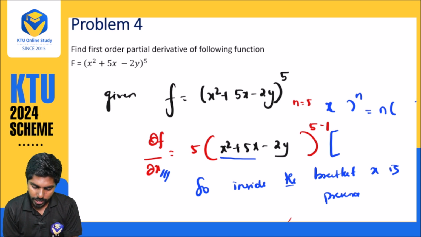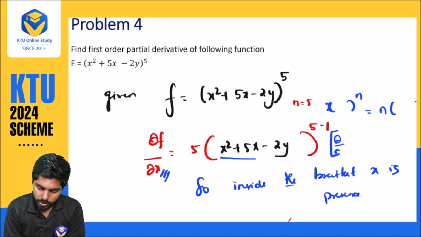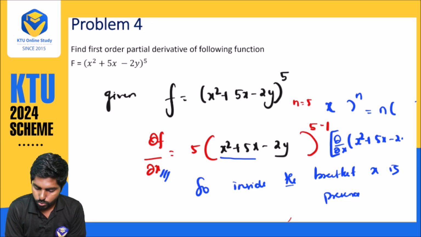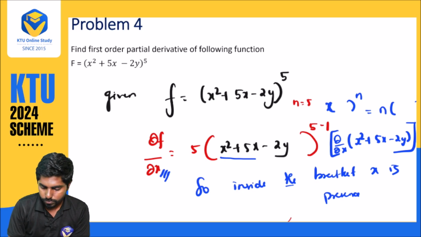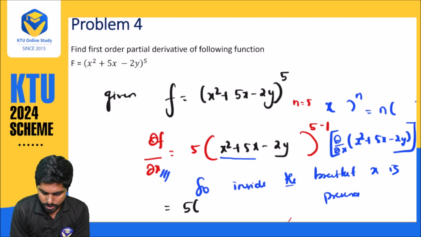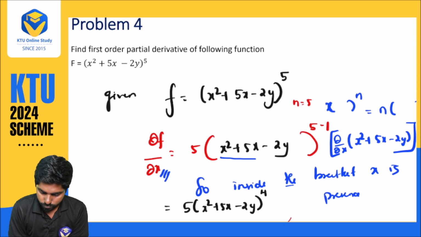So inside the bracket, the derivative of x square plus 5x minus 2y. What will it become? It will become 5 into (x square plus 5x minus 2y) power 5 minus 1, which is 4.